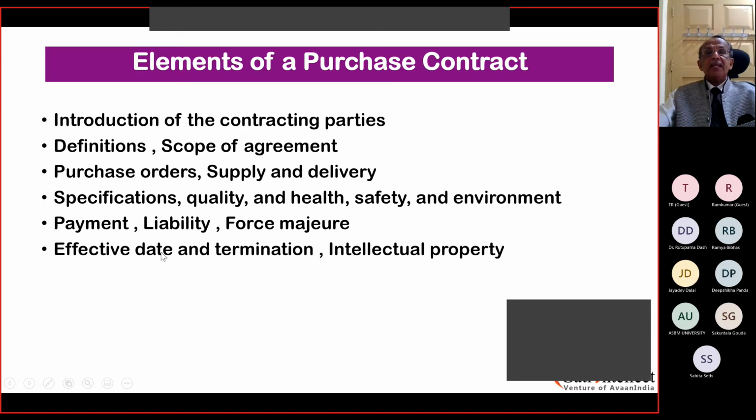Right, effective date and termination. Intellectual property. Now, unfortunately, as far as India is concerned, we have not signed the intellectual property laws. Now this is something which is very much against India.